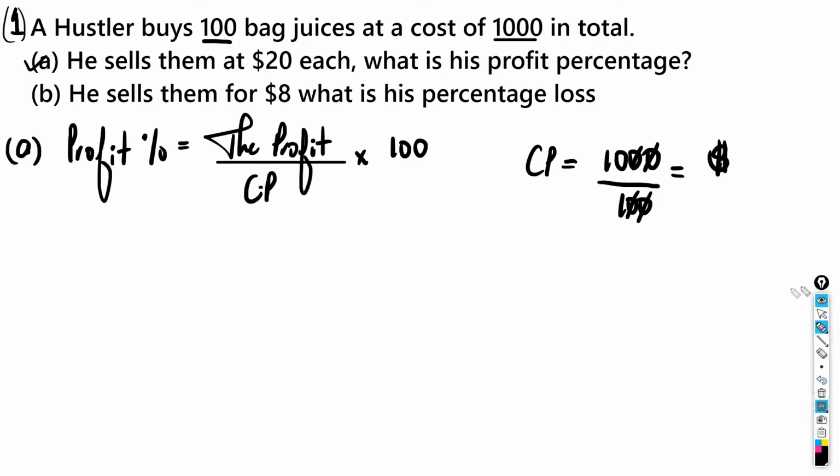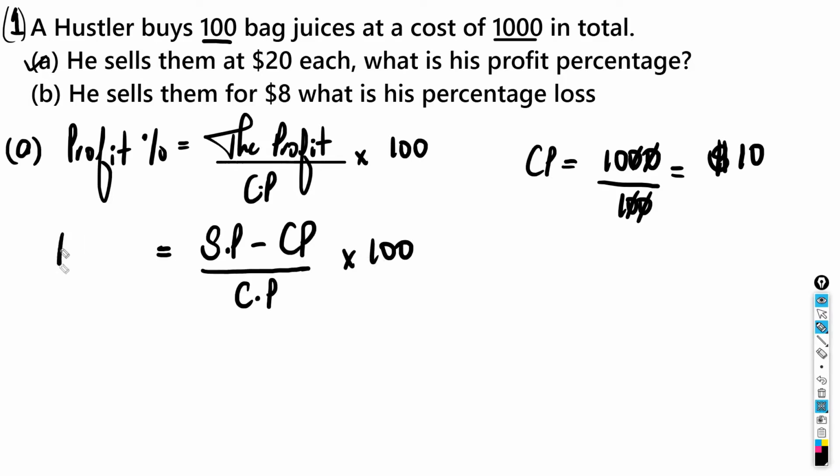So the cost price for each bag juice is $10, and he sells them at $20 each. Let's break this formula down. Remember, the profit is equal to the selling price minus the cost price, and then you divide that by the cost price and multiply by 100 to get the profit percentage.